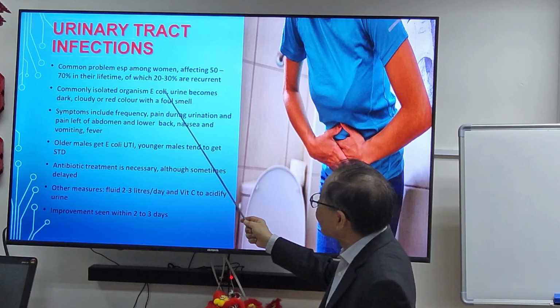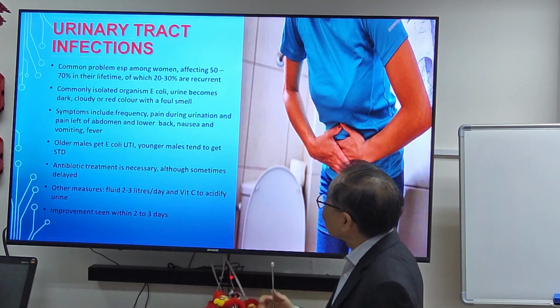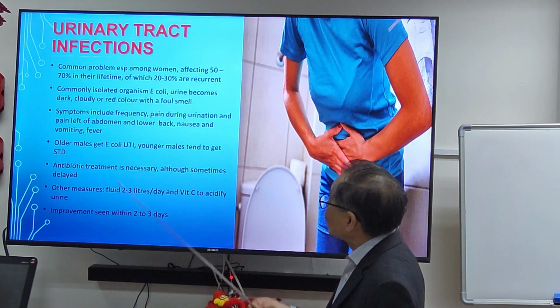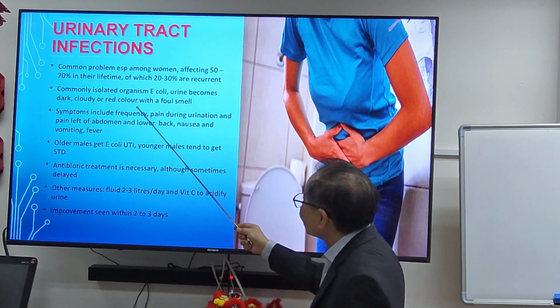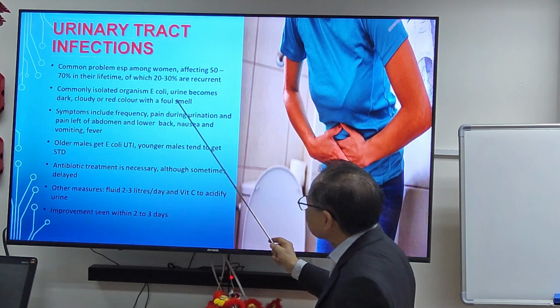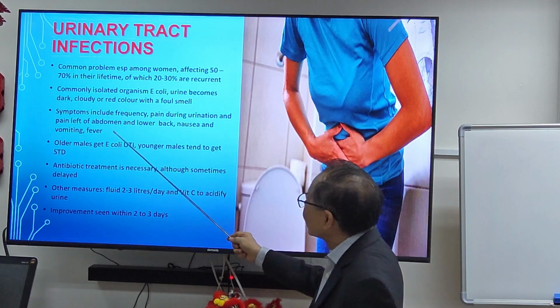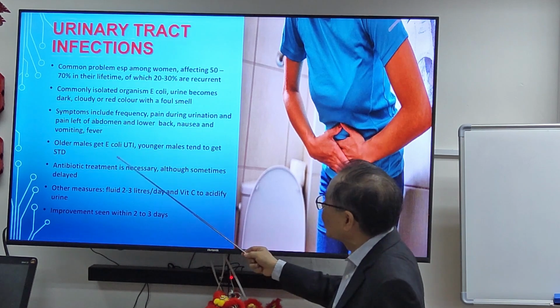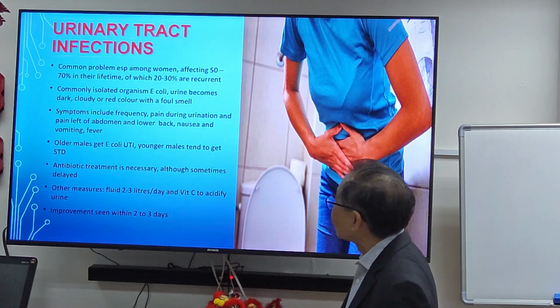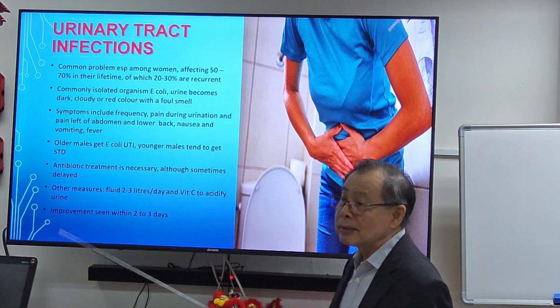It's usually from E. coli, which is an organism found in stool. Urine becomes dark, cloudy or red with a foul smell. You urinate very frequently, with pain while you urinate. Sometimes the pain goes to the left of the abdomen and the lower back, with fever, all that. Older males get it.